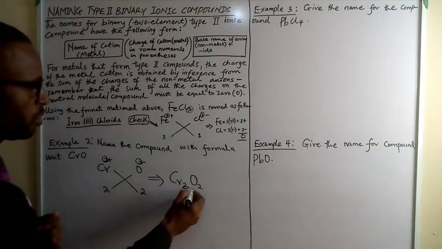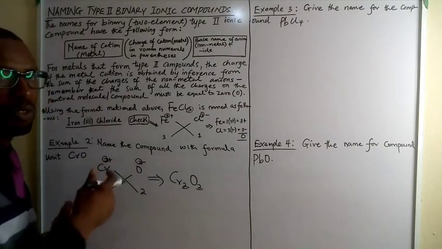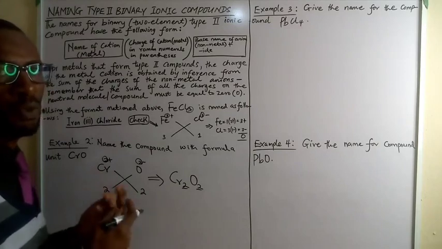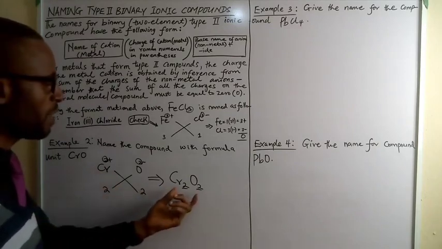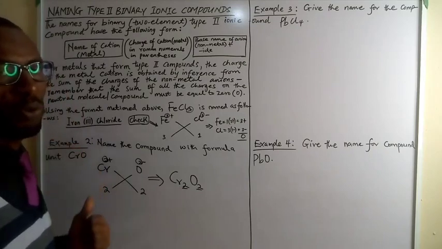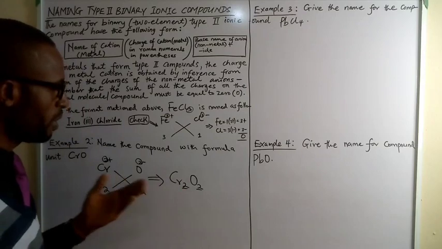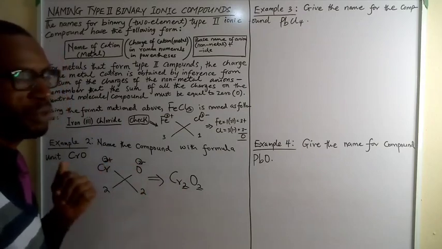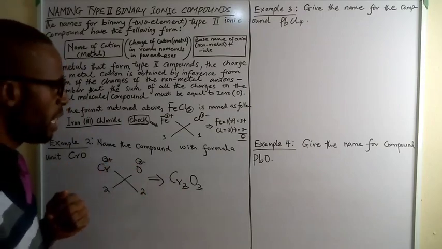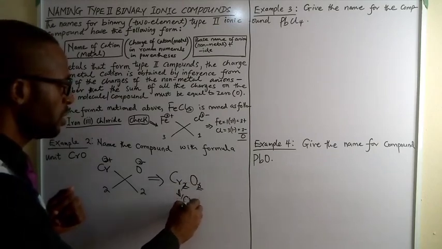But because these 2 units are the same, you cancel out, or you divide both of them by each other. They make a 1:1 ratio, because you must reduce the subscripts to the lowest whole numbers. Had it been 2 and 3 here, we could not reduce. But because the subscripts are the same, you have to reduce them to the barest number. And when you do that, this cancels this, and you are going to have CrO.